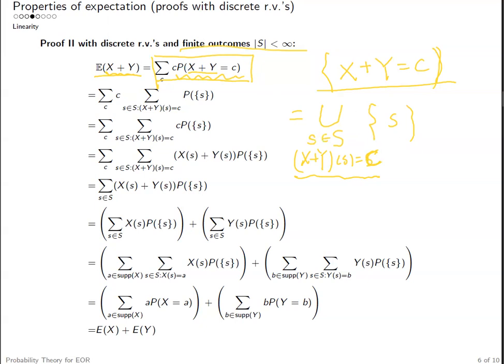So according to the second axiom of probability, we know the probability of this event is essentially equal to the summation of the probability of each of these events. Right? Now we move from this first equality to the second step.